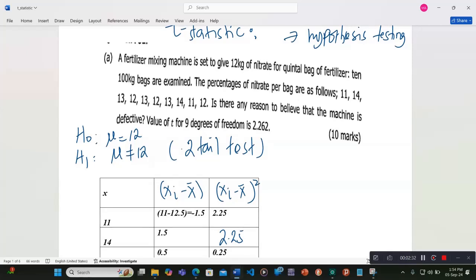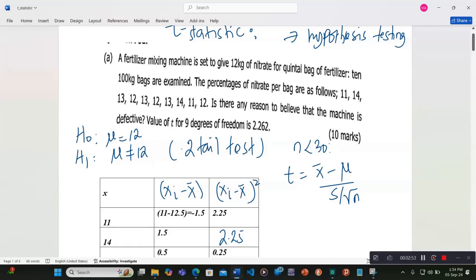Since it is a t-statistic with, of course, n less than 30, our t value will be calculated from the sample mean minus the population mean, divided by the sample standard deviation divided by the square root of n.